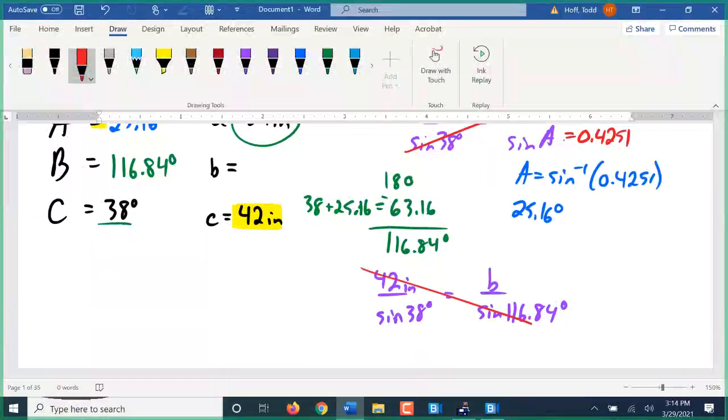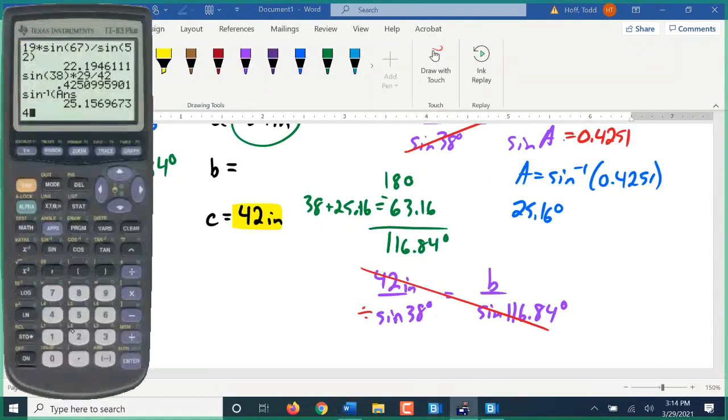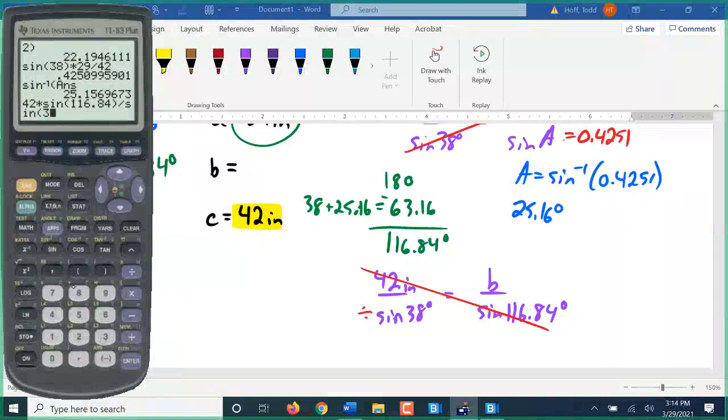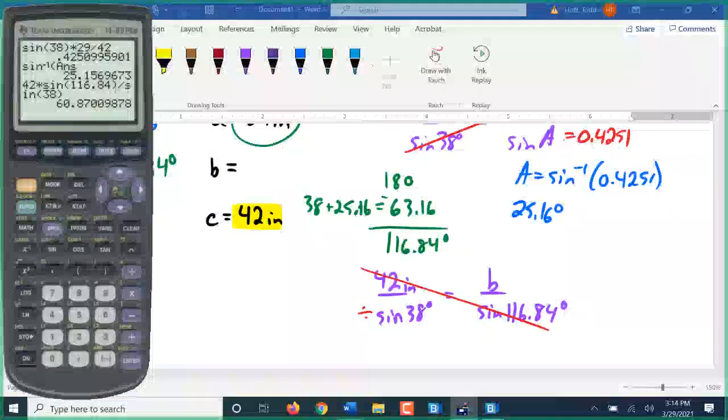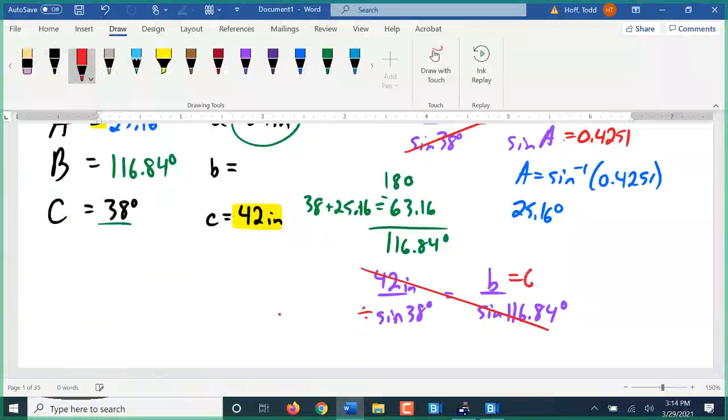So we can cross multiply and divide. Here it'll be 42 times the sine of 116.84, close the parentheses, divided by the sine of 38 degrees, giving us 60.87 side B.